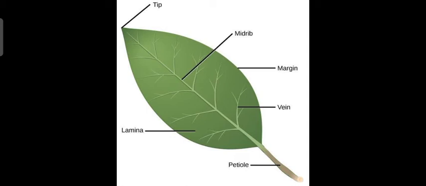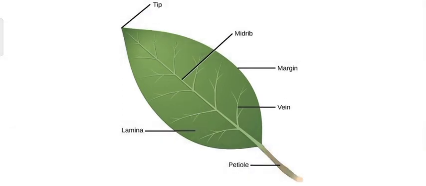A leaf has various parts. The flat part, this part, is called lamina or leaf blade, and the part that attaches the leaf to the stem or branch, or supports the leaf, is called petiole. A leaf has a main vein like that.